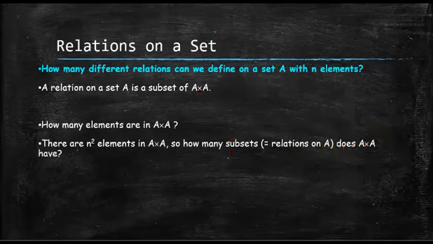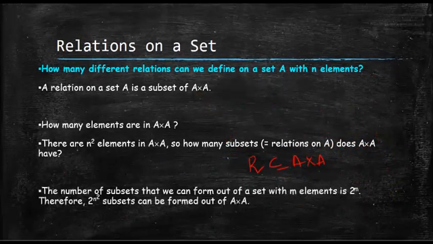So how many subsets does A cross A have, given that a relation on A is one of them? In this case, we can easily say that R will be a subset of A cross A. The number of subsets that we can form out of a set with m elements is 2 power m.